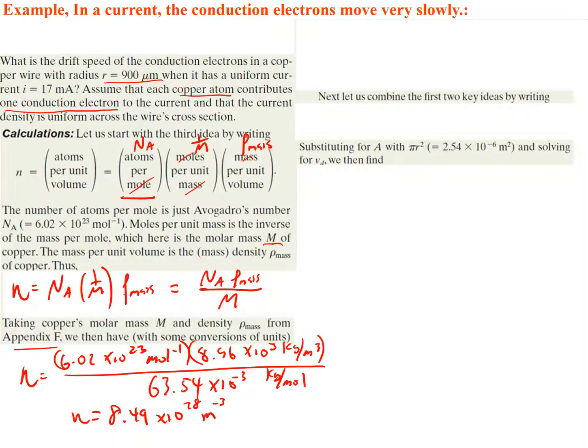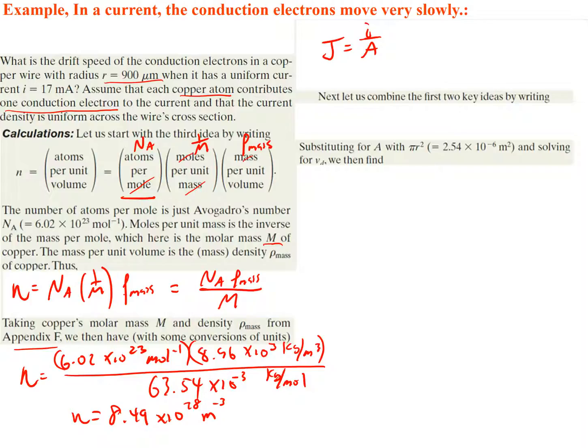Okay, so let's go back to what we're trying to find here. We're looking for the drift speed, ideally. So we can start with our current density equation, which, as a reminder, is capital J is equal to I over A. And we can plug in some things that we've seen before.